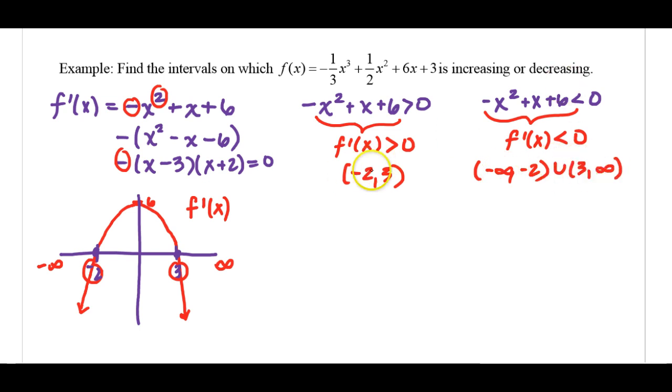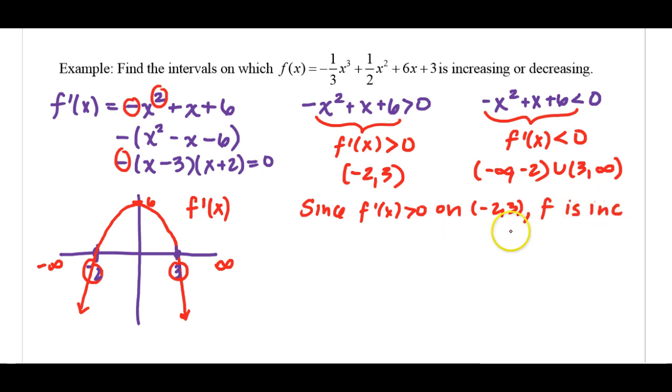So these are my answers for where the original function f of x is increasing, and where the original function is decreasing. So my summary is that since f prime of x is greater than 0 on negative 2 to 3, f is increasing on negative 2 to 3.